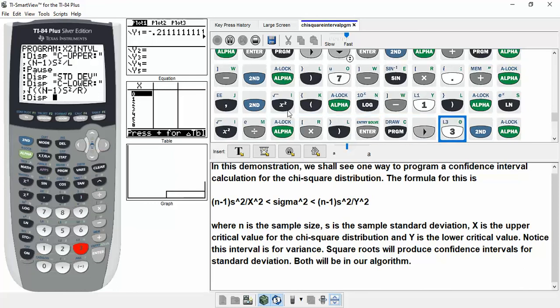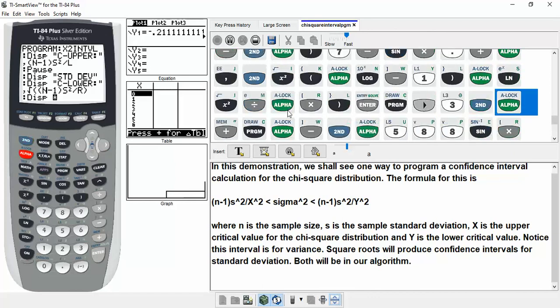And then we're going to display. So we'll go Program, I/O, Option 3, Display. And we're going to do C upper for the upper bound on the confidence interval for the standard deviation. So we'll type in C, minus sign for a hyphen, and we'll type in the word upper.